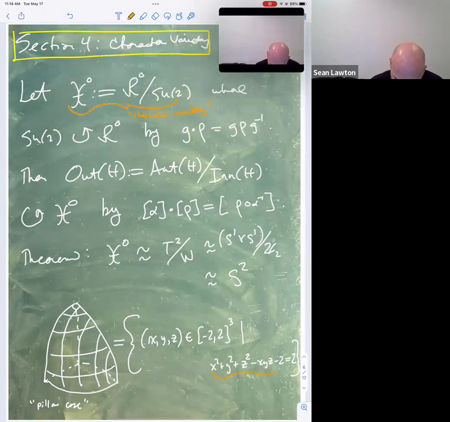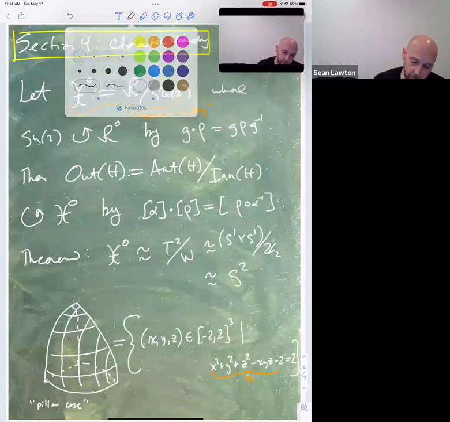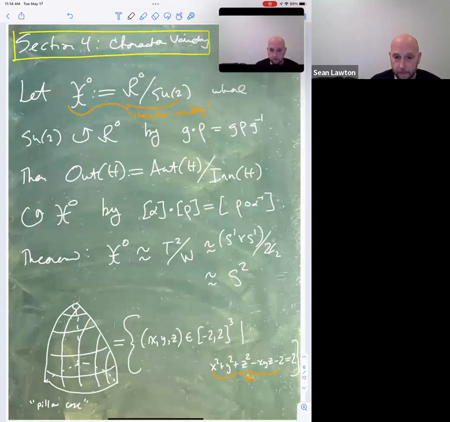This little function here is often denoted with a kappa, and it's very much related to the Markov cubic.